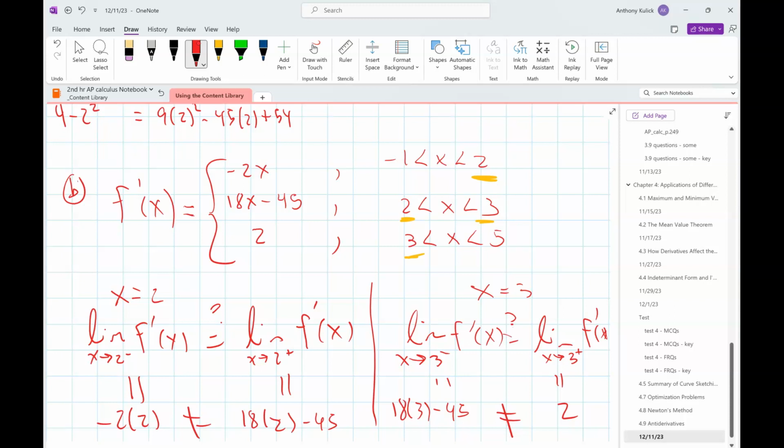That's just me checking to see if I have a sharp corner. The slope from one end doesn't agree with the slope from the other end. A derivative can't exist at a sharp corner. That's what we did by doing that left-hand, right-hand limit at 2 and 3.